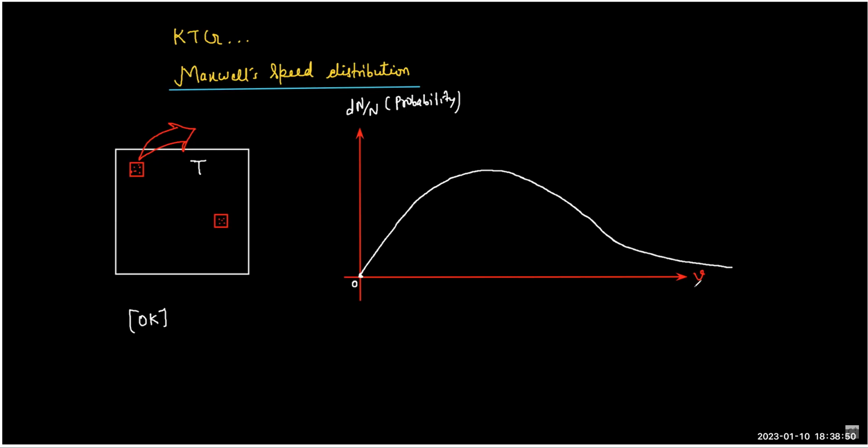So as v tends to infinity, what do you expect the probability? Can we have infinite velocity for a given temperature? Tell me, guys, is it possible to have infinite velocity? No. So theoretically, such fraction will again diminish to 0.